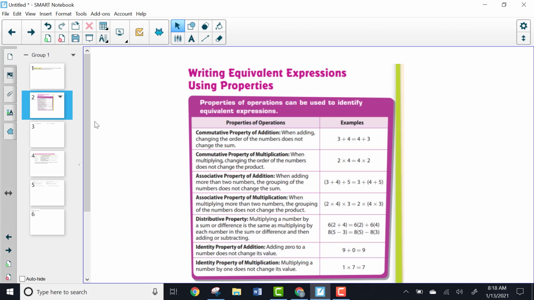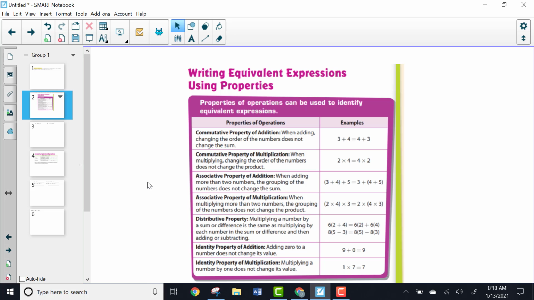There are also properties about multiplying numbers and the distributive property, a lot of different properties that will help you grasp why one expression looks different, yet means the same thing, or is equivalent, or equal. So understanding these properties is very important. You can find these properties on page 277 in your Go Math book, so I suggest you turn to 277 and take a look at these.